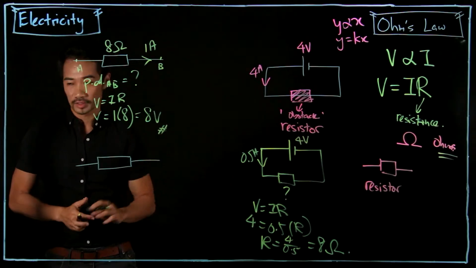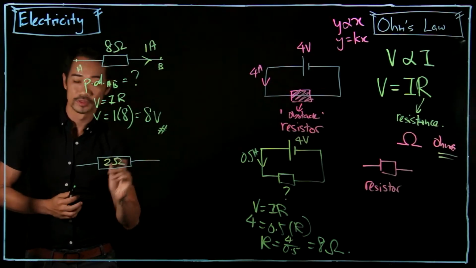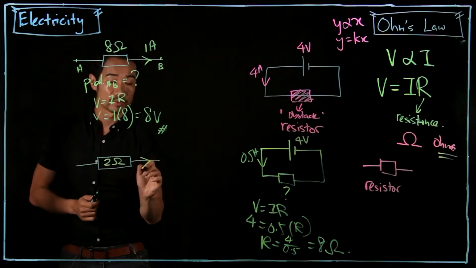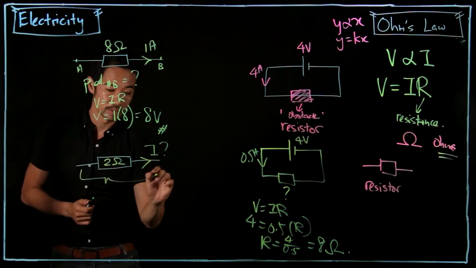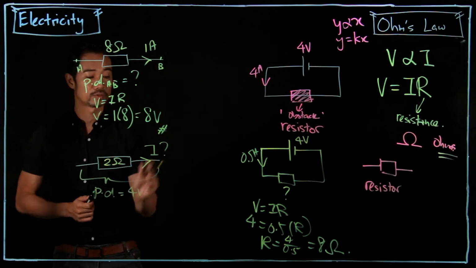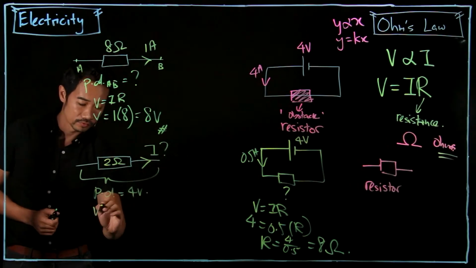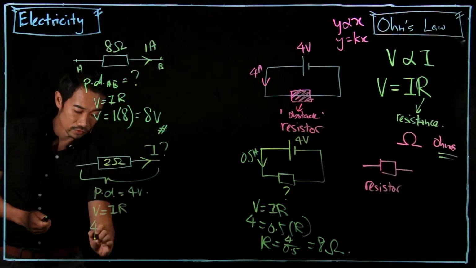Another example, so let's say now I have a 2 ohm resistor. I want to find what is my current if the PD is 4 volts. What is the current flow? Again, V equals IR. So V in this case is 4.